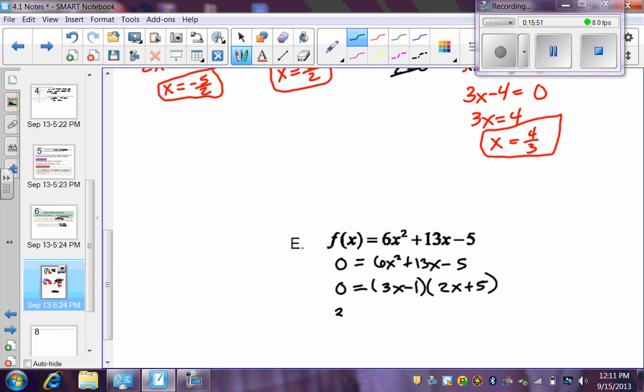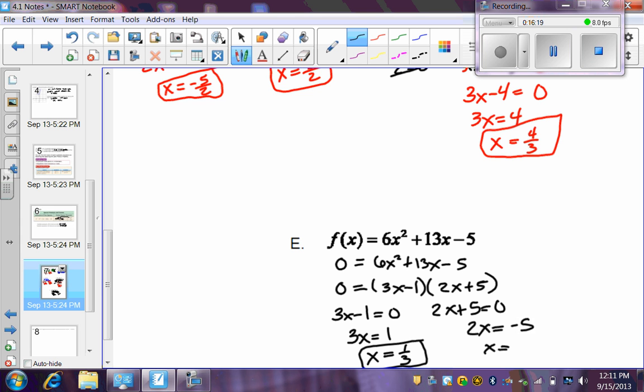Set each factor equal to 0, so 3x minus 1 equals 0, and 2x plus 5 equals 0. Add 1 to both sides, so 3x equals 1. Divide by 3, so I get x equals 1/3. Opposite of adding 5 is subtracting 5, so that gives me 2x equals negative 5. Opposite of multiplication is division, so I get x equals negative 5/2.